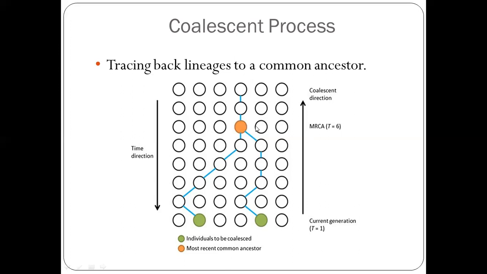In this case, we start from the current generation, which is at t equals 1, and trace upward 5 generations and reach the common ancestor, which is at t equals 6.